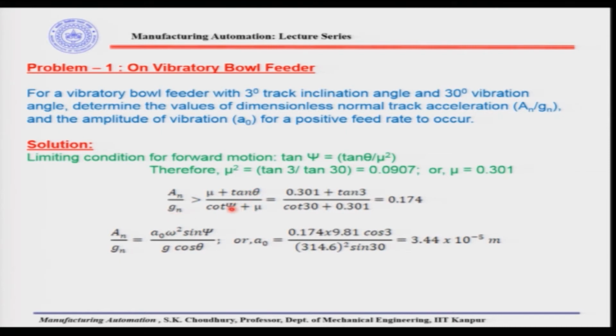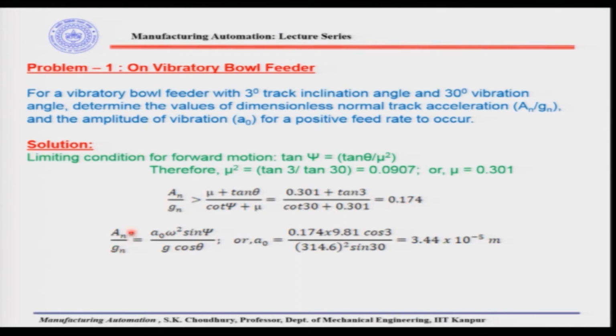Theta and psi are given, and mu we found is 0.301. So, the condition is a n by g n, which becomes 0.174, meaning more than mu plus tan theta divided by cot psi plus mu equals 0.174.